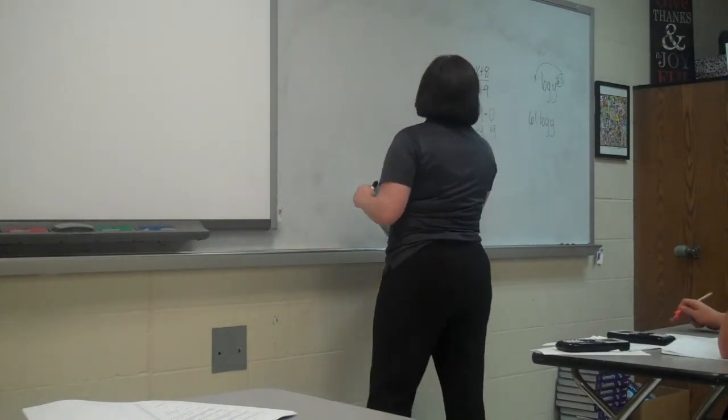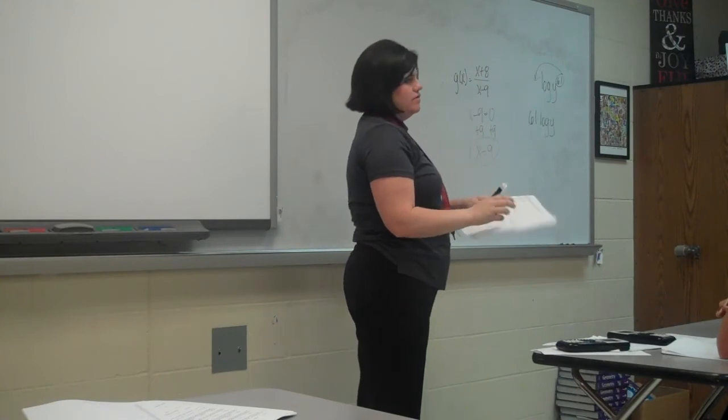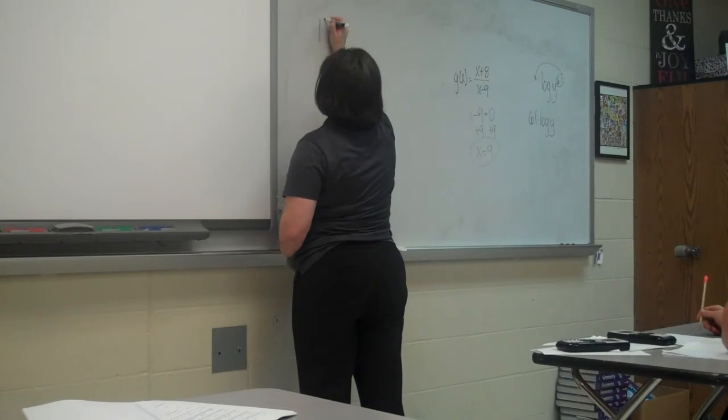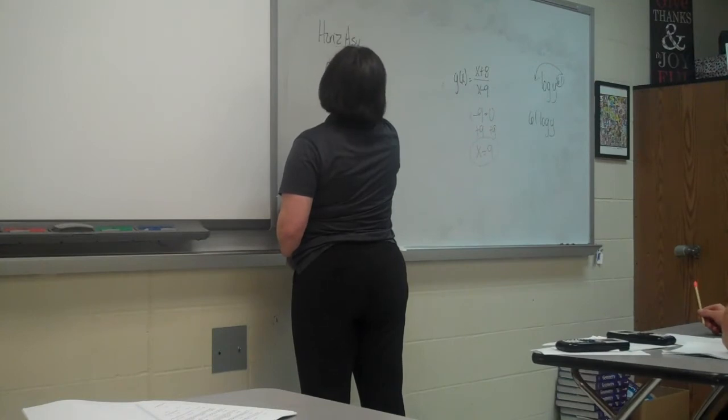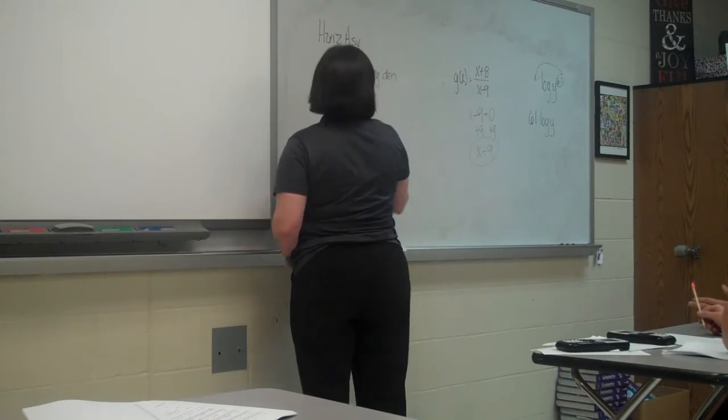Alright, horizontal asymptotes. We're not there yet, but let me go ahead and give you the notes for horizontal asymptotes. If the degree of the numerator is less than the degree of the denominator, then y equals 0 is your horizontal asymptote.